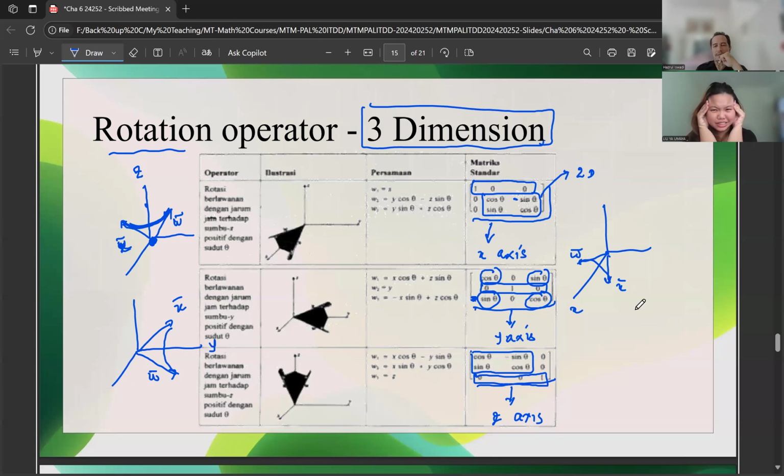You have three matrices, and the rest of the entries contain the standard matrix in two dimensions.